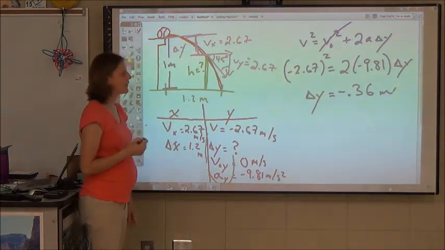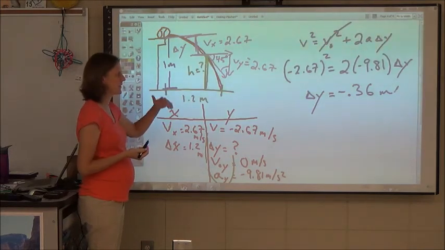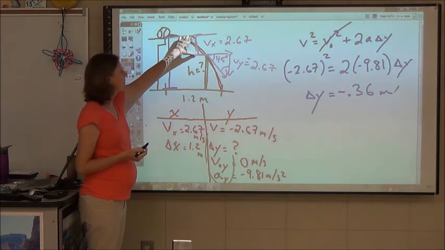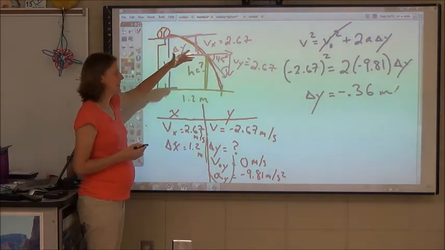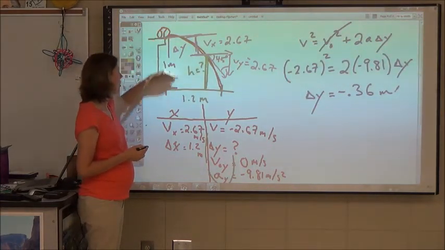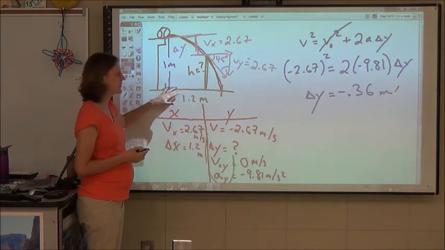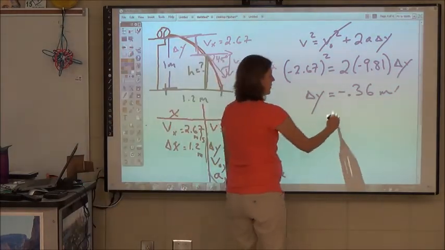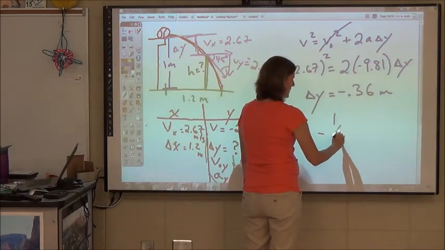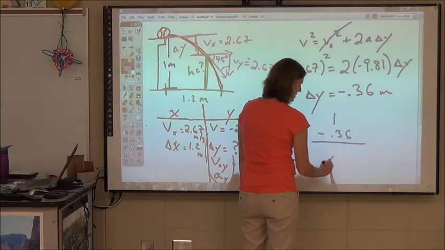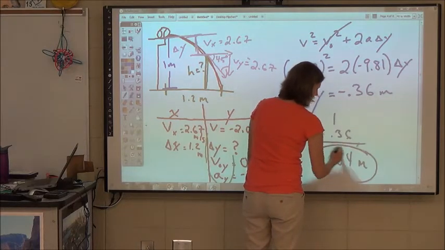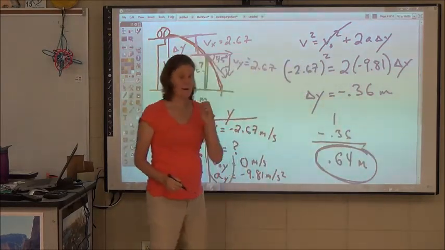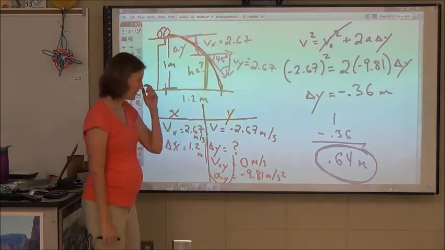We get negative 0.36. Negative should make sense going down. Again, that is how far it has dropped from the top of the table. To answer how high is it above the ground, well, if the whole tabletop height was 1 meter, we just need to do 1 minus 0.36. And then at that moment it would be 0.64 meters above the ground.